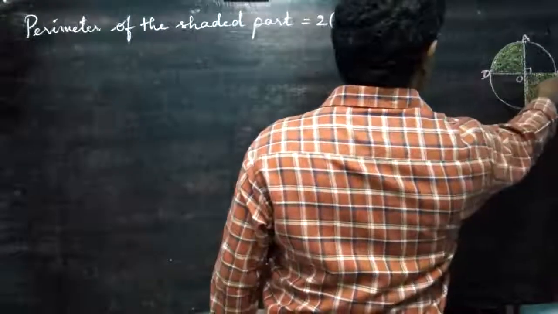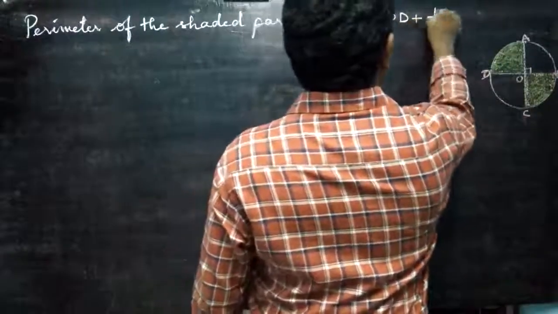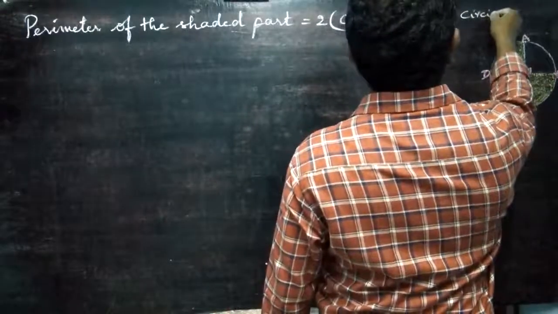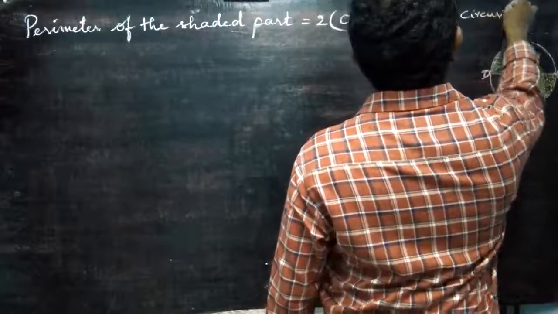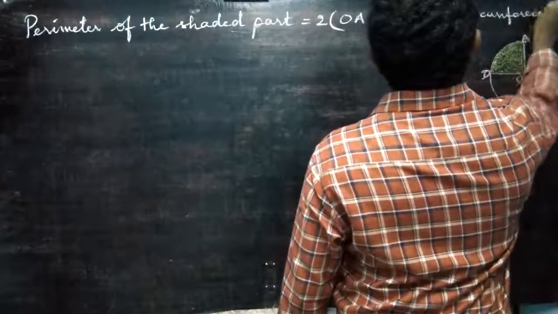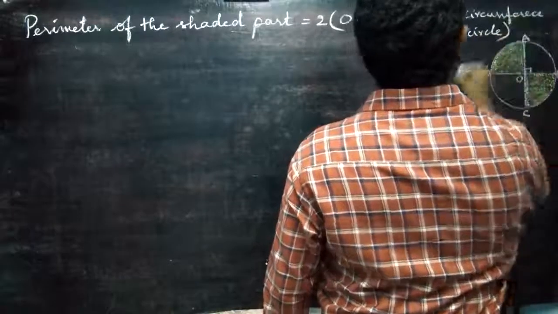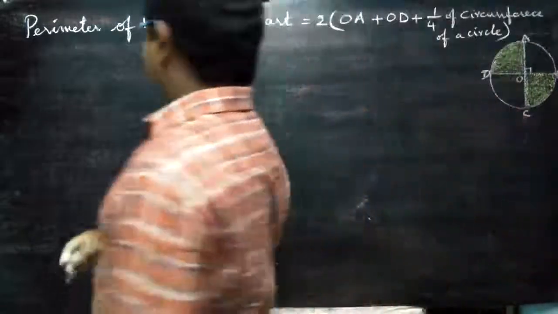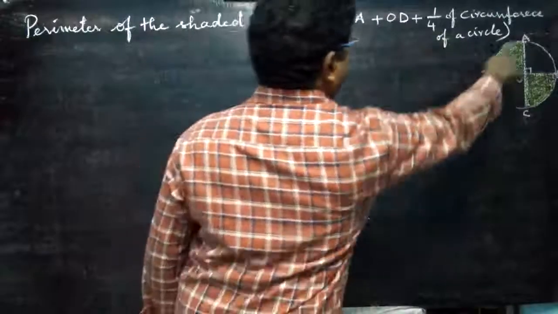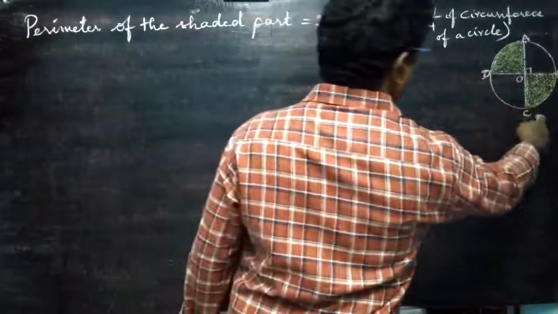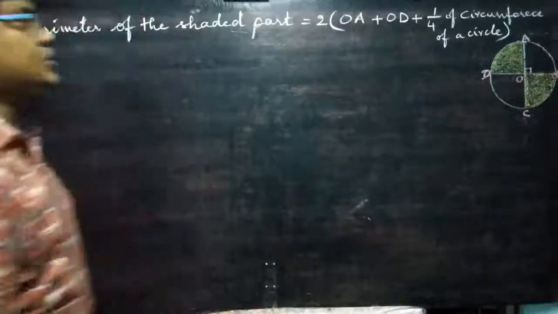DO how much? OB that much, plus 1/4 of the circumference of a circle. So first find the circumference of a circle, or you can take arc of AD. You can take arc of AD if you find that also into 2. Arc of AD will be equal to arc of BC. That also you can do.